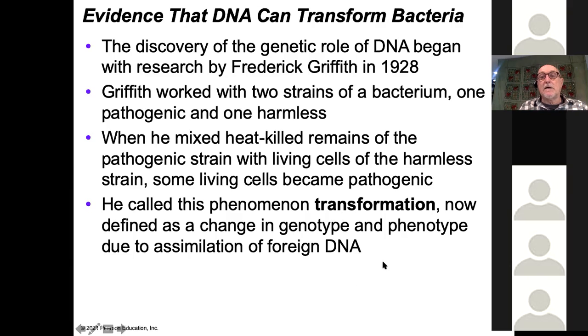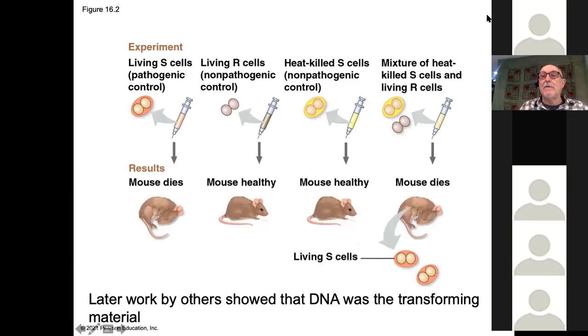In any case, he did the following experiment. He recognized that there are two strains of Streptococcus. The first strain is the pathogenic one, and it has a thick, sticky capsule. These are two coccoid cells together. It's a diplococcus. And they have this capsule around them.